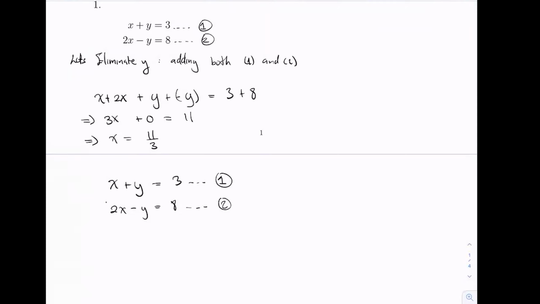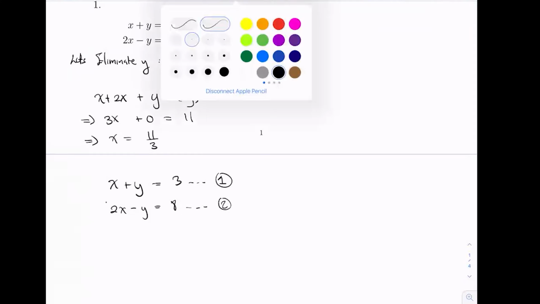Here I have coefficient of X for equation number 1 being 1. So in order to make the coefficients the same, I'm going to multiply equation number 1 by 2. That means I multiply each and every term in the equation by 2. So let's write that down.